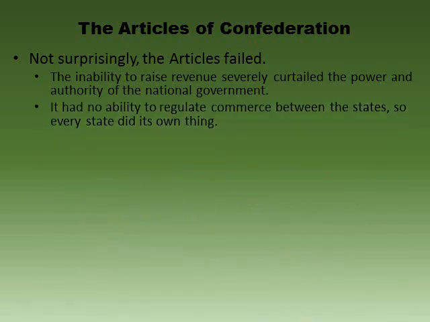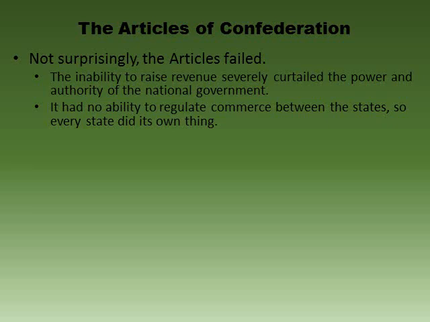The inability to raise taxes really curtailed the power and authority of the national government. Again, it was at the mercy of the states to give it donations, basically, and the states usually found other, better things to do with their money than give it to the central government. And so it really didn't have any teeth because it couldn't do anything. It didn't have a dependable budget. It had no ability to regulate commerce between the states, and so every state did its own thing.